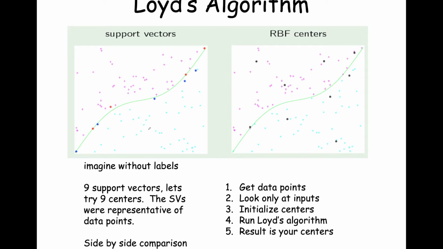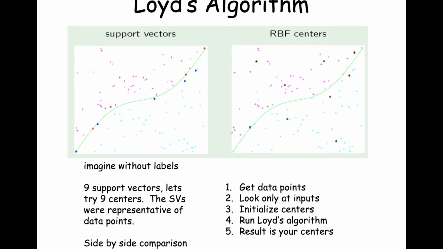And so for RBF, you get your data points, and you look only at the inputs, at the feature vectors. You initialize your centers, your mu sub k's, and then you run Lloyd's algorithm, and the result is your set of centers here. And so in this example, we assume that k is equal to 9 centers, and we're going to make a comparison between that and the same data set on which we ran support vector machine.